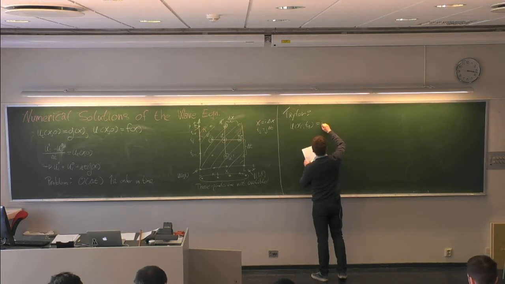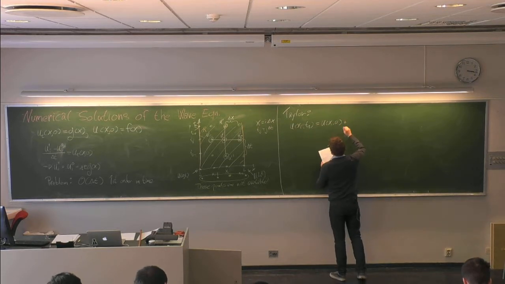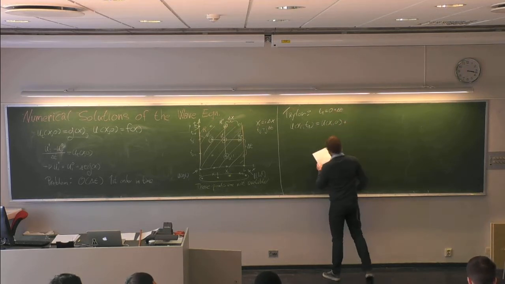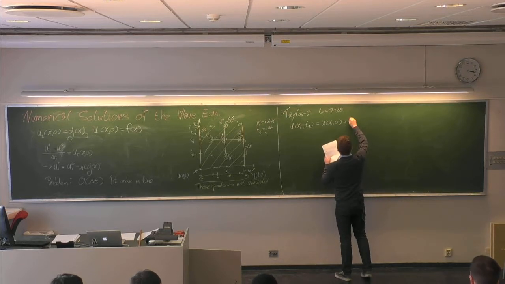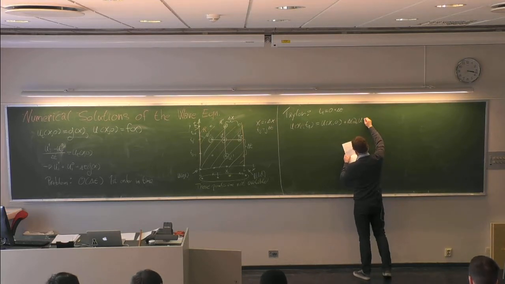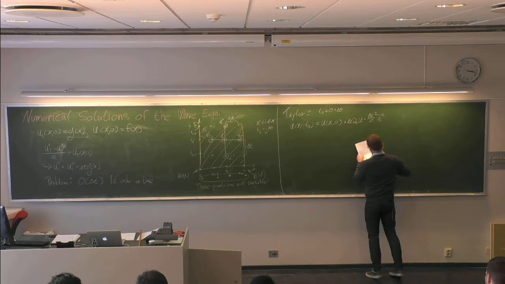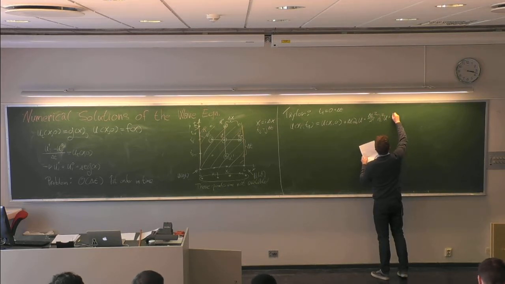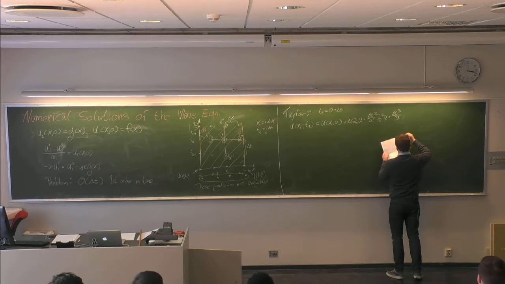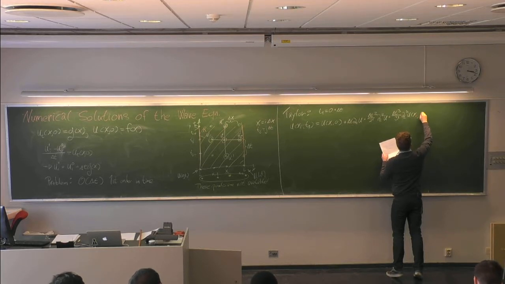And by Taylor, this will be u of xi, 0, plus, because t1 is just 0 plus delta t, delta t dt u, plus t squared over 2 factorial dt squared u, plus t to the power of 3 over 3 factorial dt to the power of 3 u of xi, mu j.